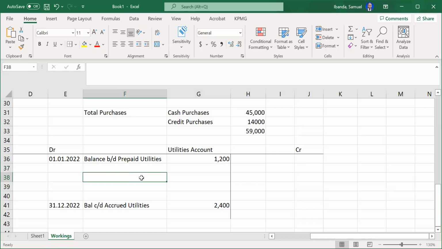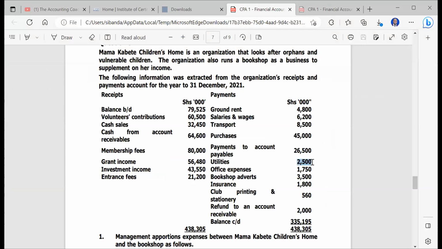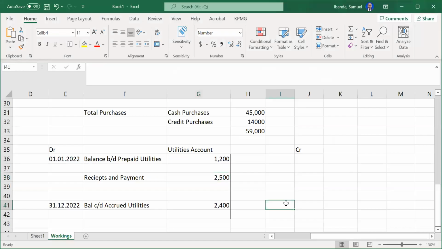Now, the receipts and payments that we have doesn't have a date, so I'll not put one, but the receipts and payments figure of 2,500, we are saying it will be on the debit side, right there.